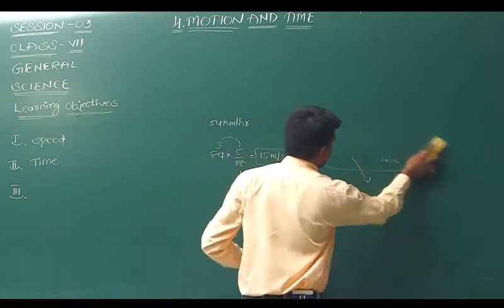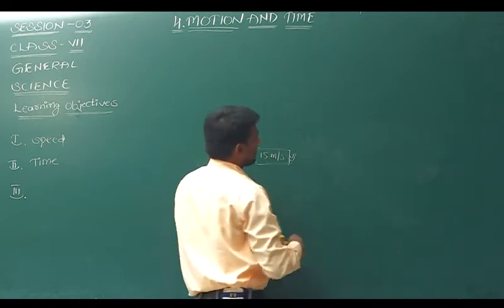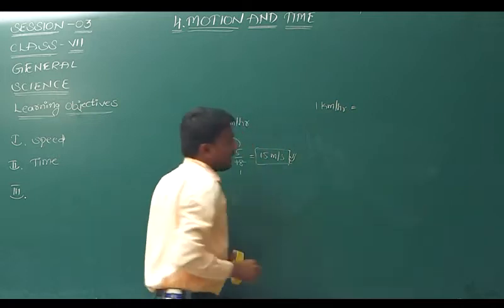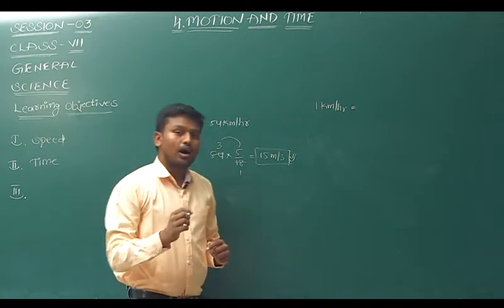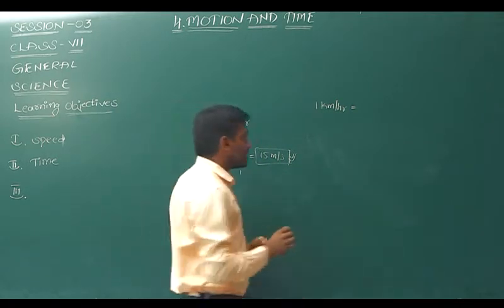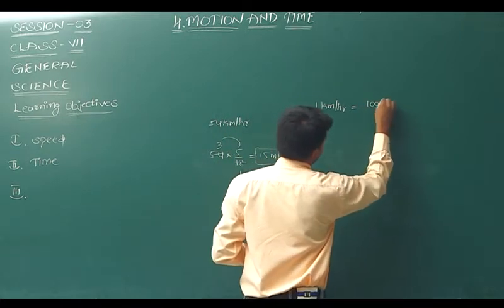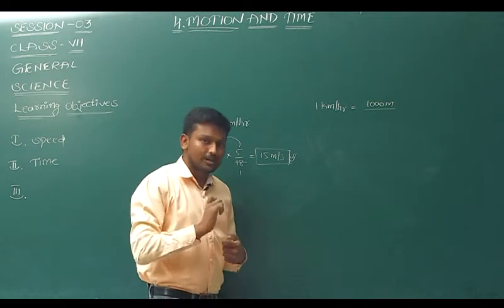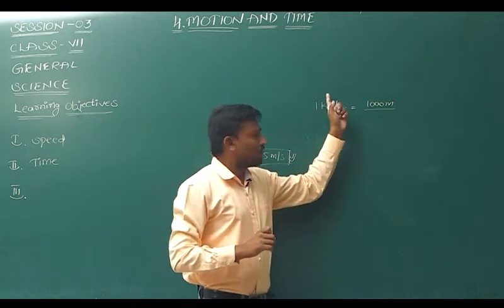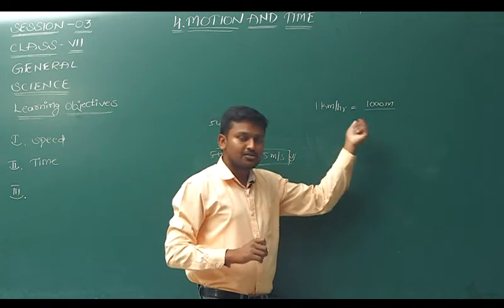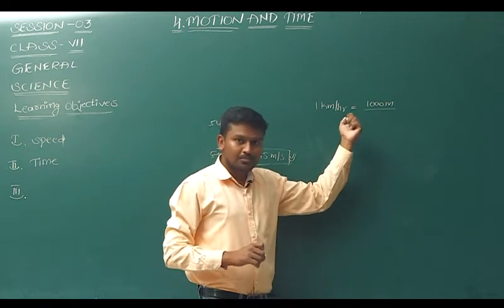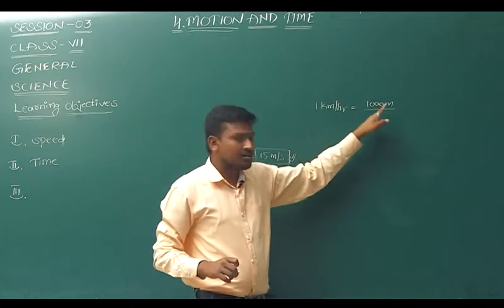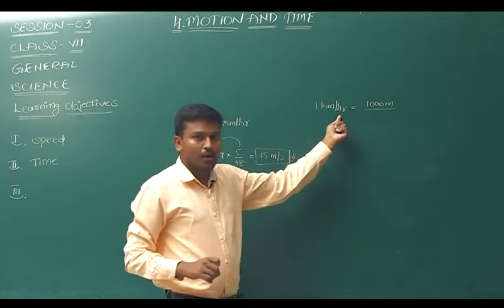Let us take 1 kilometer per hour. Okay. So 1 kilometer per hour, and 1 kilometer is equal to how many meters? 1000 meters. Yes, 1000 meters. As we are going to convert kilometer per hour into meter per second, I am converting kilometers into meters. So 1 kilometer is equal to 1000 meters, and this is 1 hour.